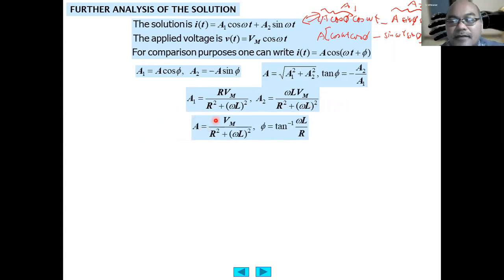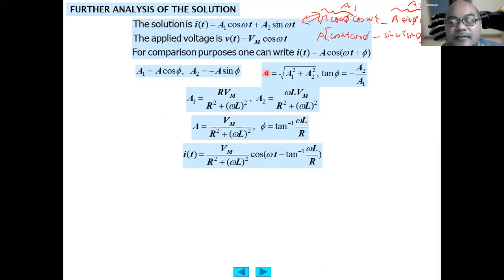So we substitute this into this equation, we obtain the amplitude A, the square root of A1 square plus A2 square, equals to Vm divided by the square root of R square plus omega L square. The phi is arctangent of minus A2 divided by A1. This one divided by this one, omega L Vm divided by R Vm equals to omega L divided by R.